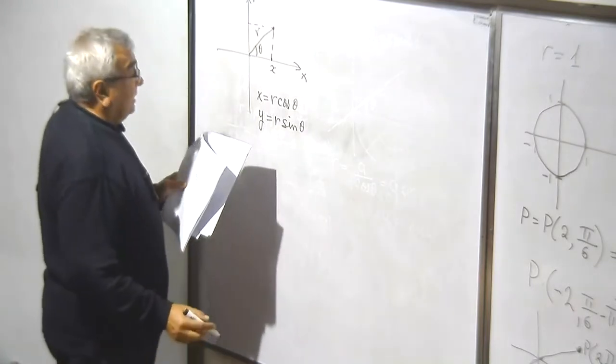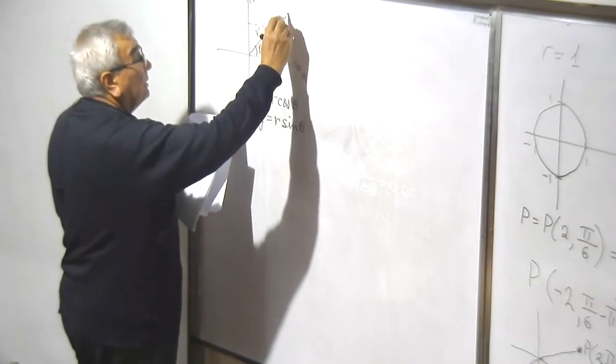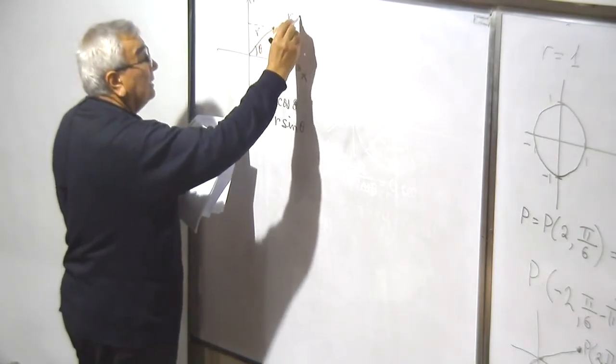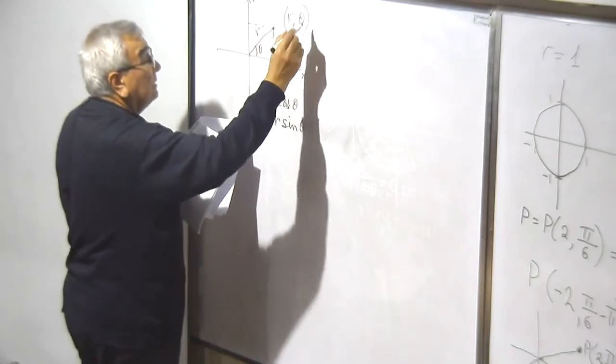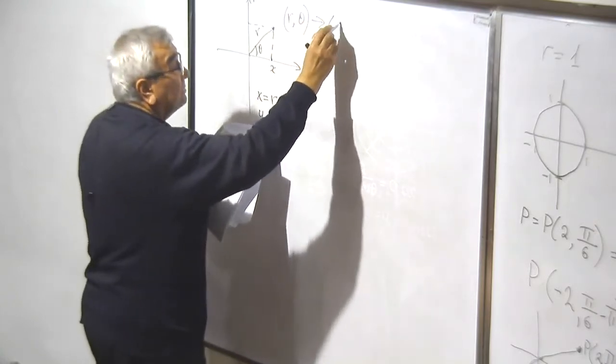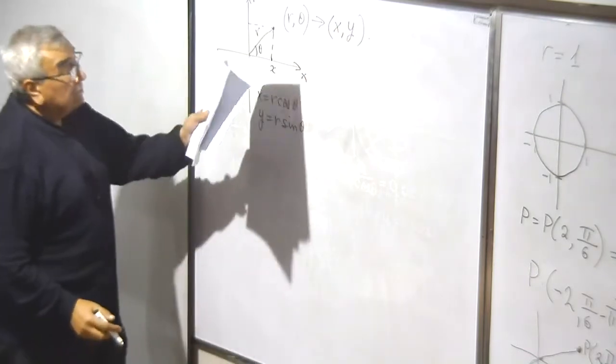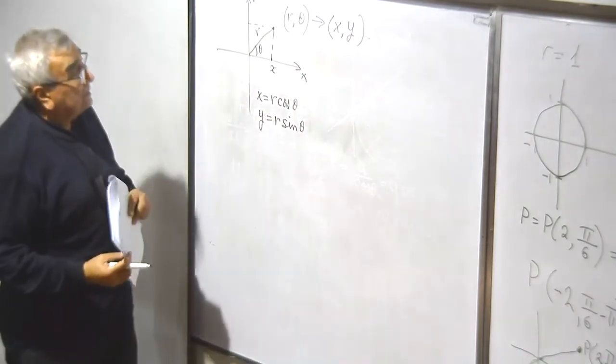So if given the point r and theta, it is possible to transfer by these relations to x, y. It is possible to do the opposite.